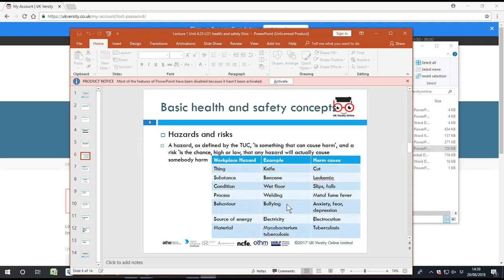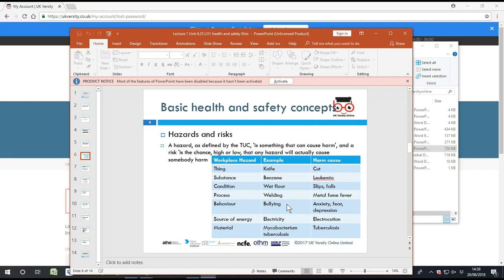Right. Now, let's look at key concepts in health and safety. If one should ask you, what is hazard? What is risk? How do you explain that? Now, the hazard, as defined by TUC, is something that can cause harm. So anything that can cause harm or is likely to cause harm is a hazard.